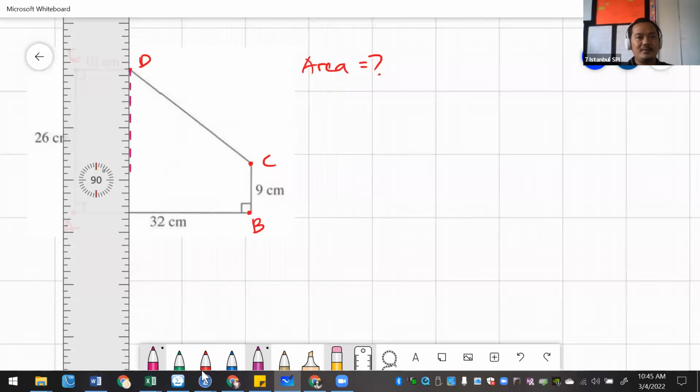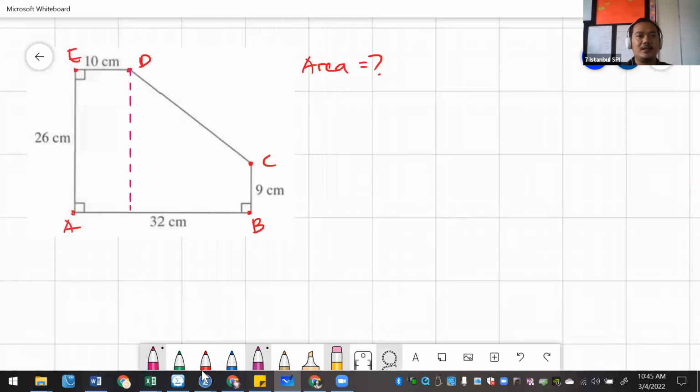We can see that this actually comes from two shapes. Shape number 1 is here, and shape number 2 is over here. Shape number 1 is a rectangle and shape number 2 is a trapezoid.